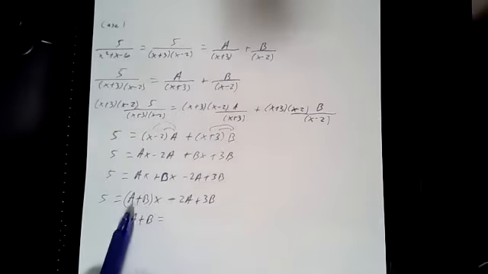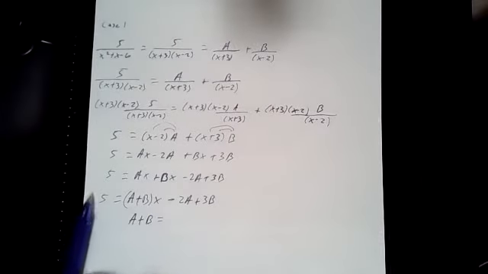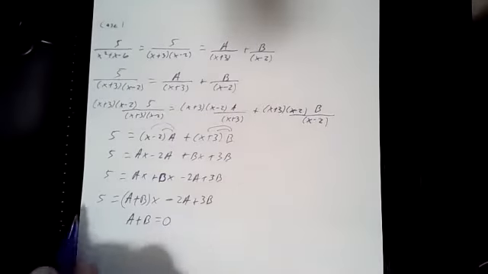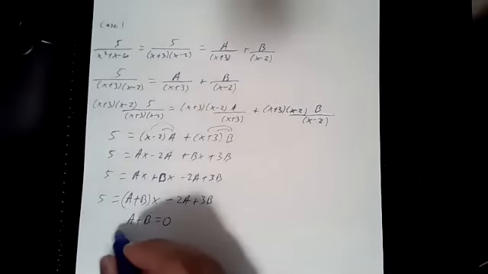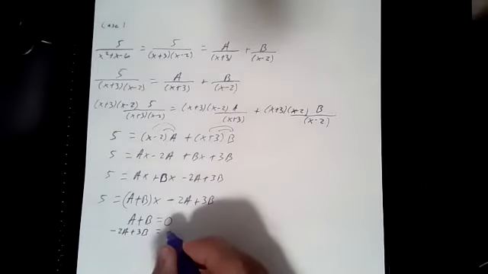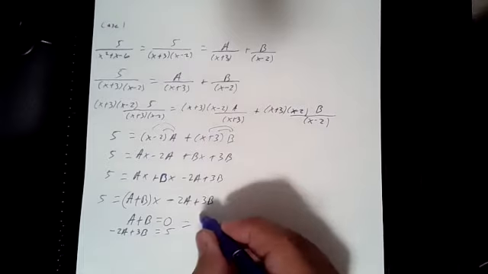And you say, okay, these coefficients of x is equal to the coefficient of x on the left-hand side. Do you see any x's over here? No. So this would be equal to 0 because there's a 0x on the left-hand side. Now you do the constants. So that would be equal to the constant, 5. And then just solve the system, and we know a and b.